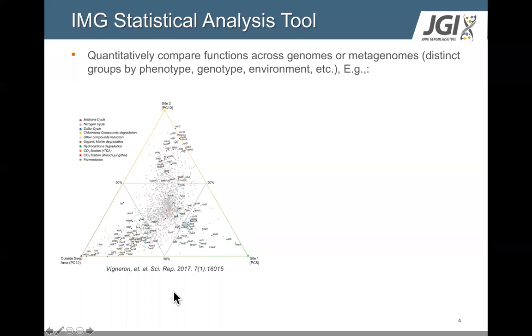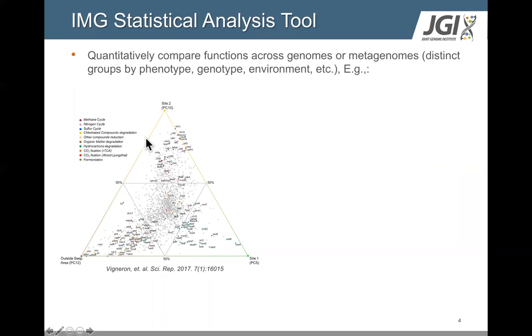Okay, so this is a ternary plot. And what it shows you is individual KO terms. If they're in the middle, you would say they're universally distributed across their samples, right? They're not enriched in one sample site, whereas terms that appear closer to one of the vertices are enriched in that sample site. And these KO terms are then colored based on the pathway that they are assigned to.